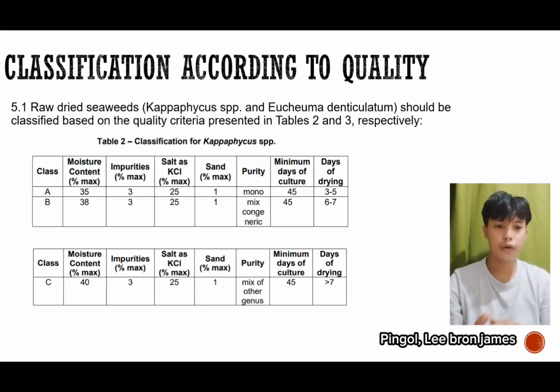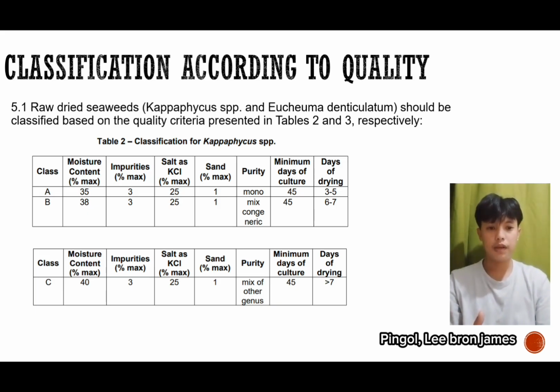And now for classification. Seaweeds are grouped into Class A, B, and C based on quality. So for Kappaphycus, Class A is the best quality with up to 35% moisture, fewer impurities, and dried for 3 to 5 days.